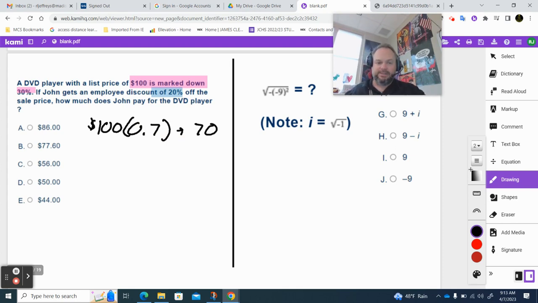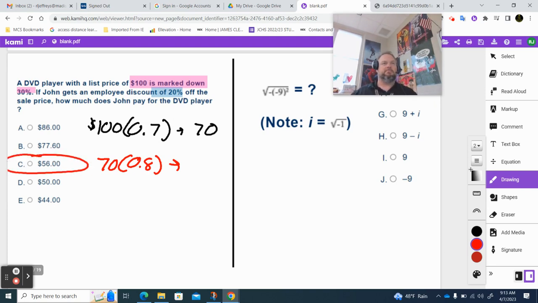Then he gets 20% off that. If it's 20% off, we're only paying 80% of it. So now it makes our math a little bit easier, and we get 56.